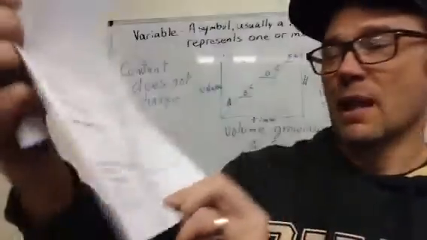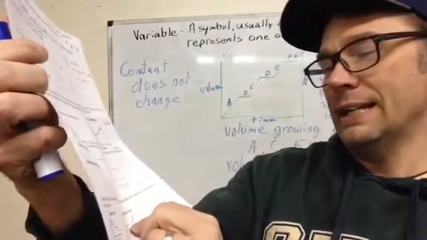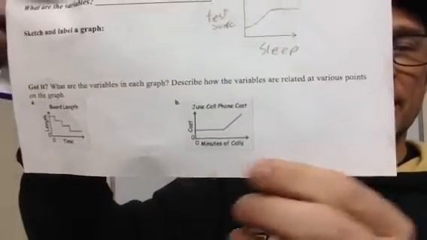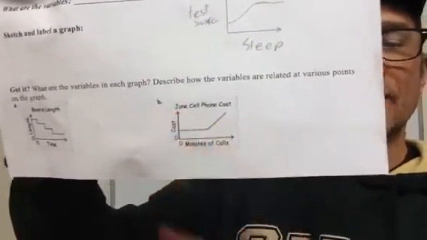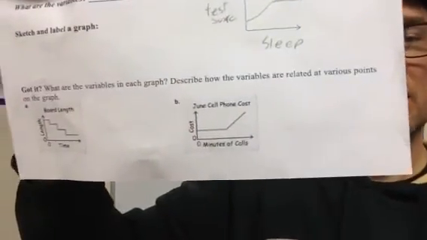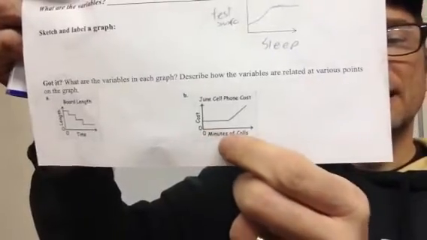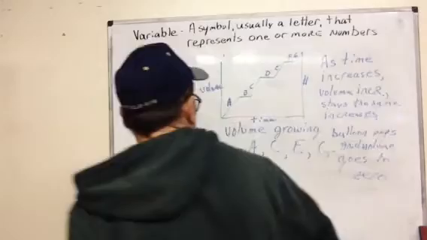So I want to look at letter B here on this one. It says, what are the variables in each graph and describe how the variables are related at different points. So we can see the variables are minutes of calls and the cost. So we could describe this one as the minutes increase. I'll start writing that here.